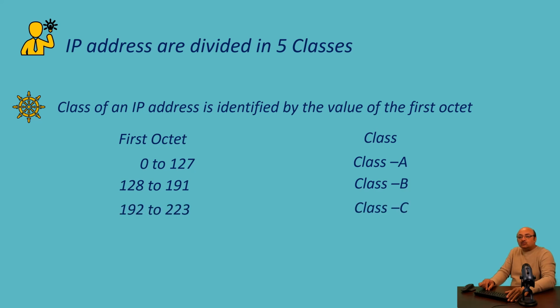If it is between 192 and 223, it belongs to class C. And if it is between 224 and 239, it is considered class D. And finally, if it is between 240 and 255, it is considered class E.